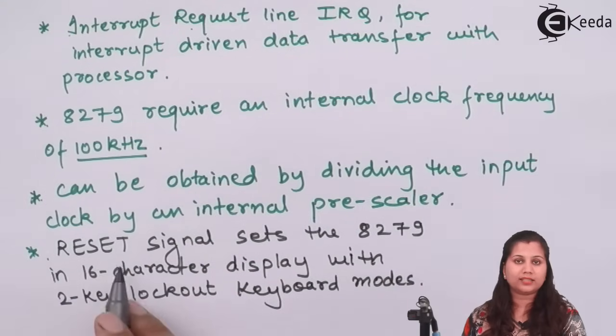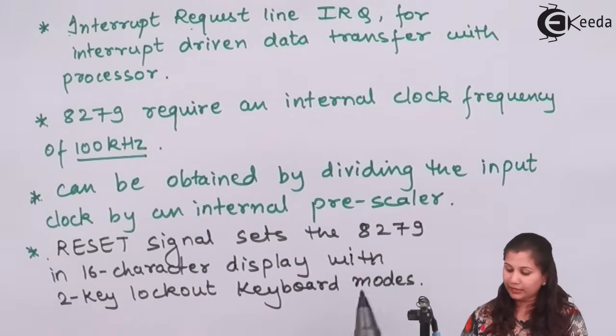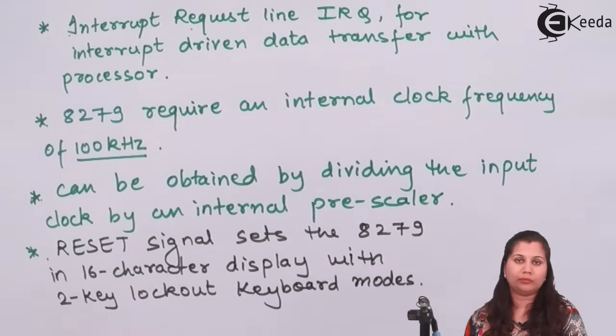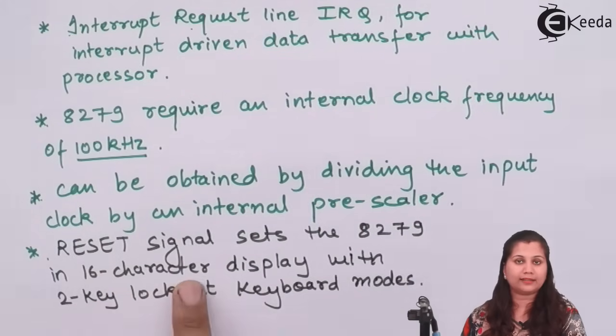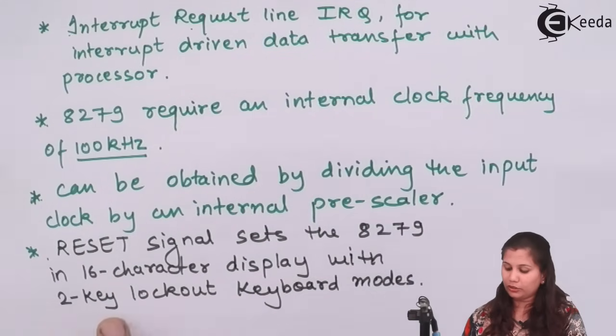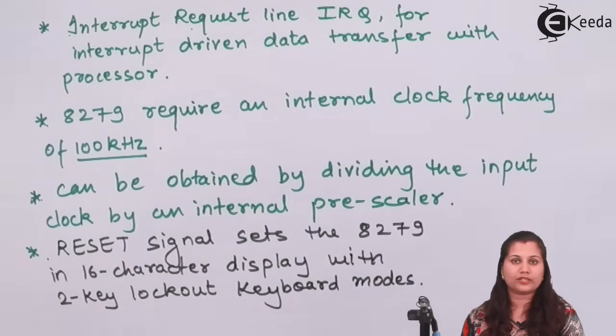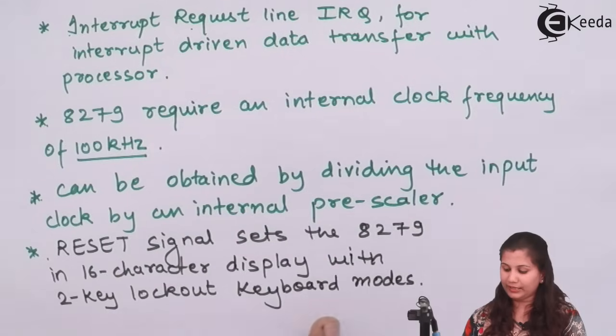When the reset signal is set, meaning its value is 1, the 8279 keyboard and display controller goes into the 16 character display with 2-key lockout keyboard mode. So the 16 character display mode is selected in the display mode, and the 2-key lockout mode is selected in the keyboard mode. The reset signal sets the 8279 in these two modes by default.